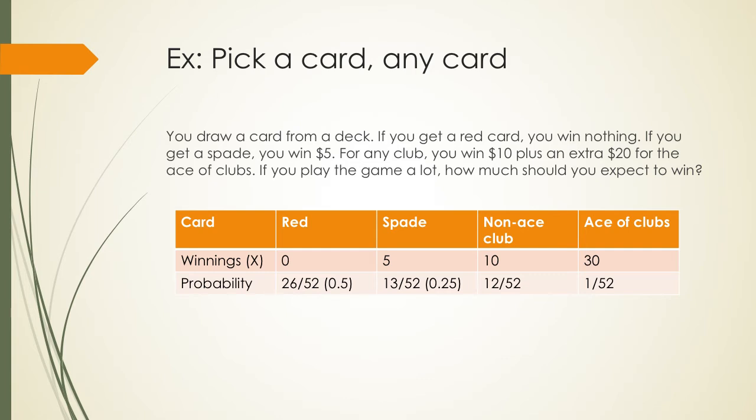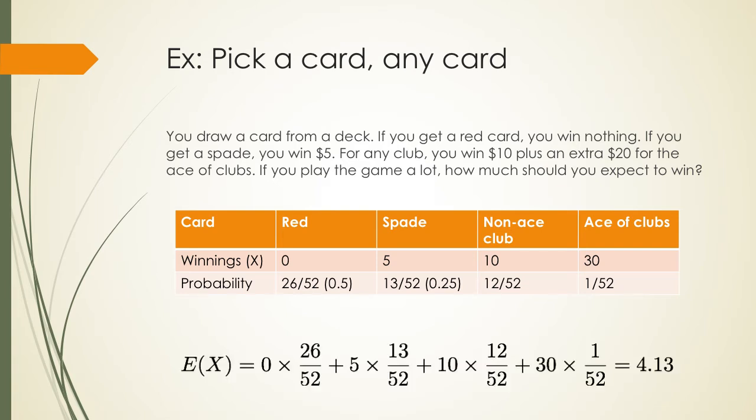13 out of 52 cards are spades, so there's a 25% chance of this outcome. For clubs, we treat the ace separately from the other clubs since it has a different reward. 12 out of 52 cards are non-ace clubs, and there is 1 ace of clubs. Now here's the expected value calculation.